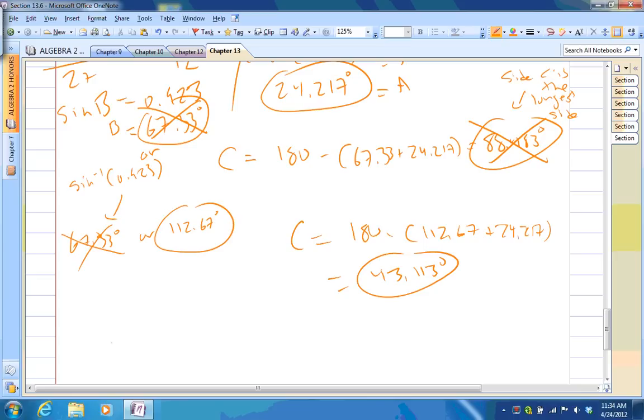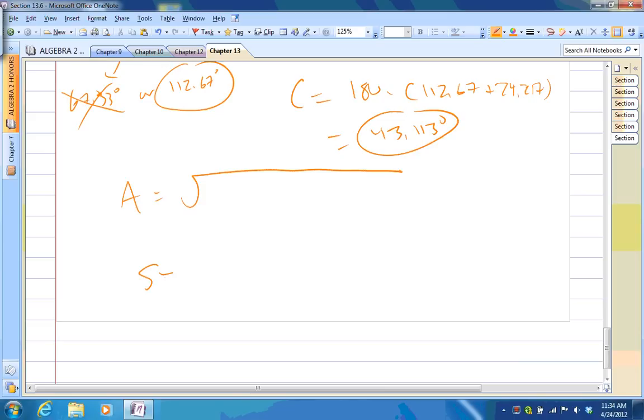And then for the area, if I use Heron's formula, the square root of S times (S minus a)(S minus b)(S minus c), where S is 1/2 the perimeter, which will be 1/2 of 12 plus 27 plus 20. 12 plus 27 plus 20 divided by 2 equals 29.5.